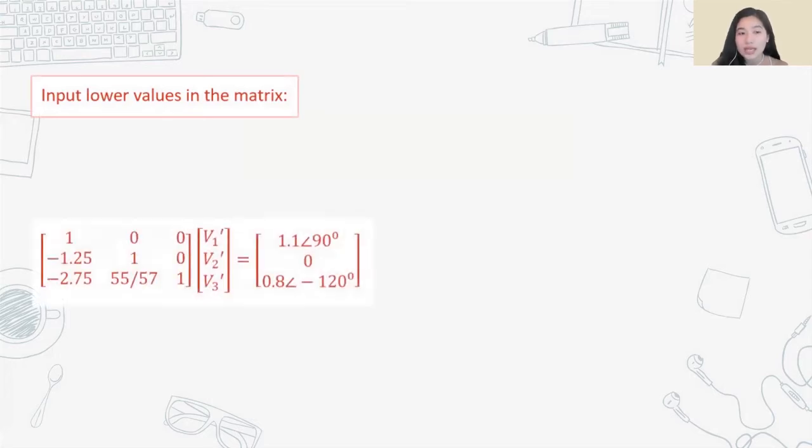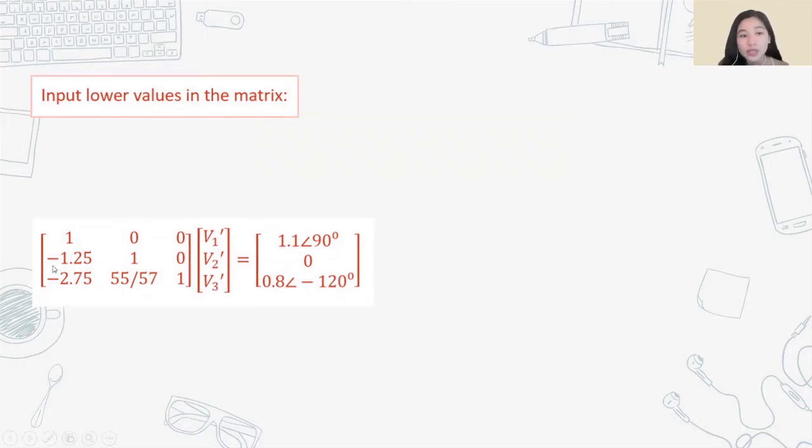So after that, we have to input the lower values in our matrix. Lahat ng na-solve natin, pinakita ko sa inyo yung designations, so ipapalitan nyo lang yon ng values from the variable. That's the reason why hinanap natin.